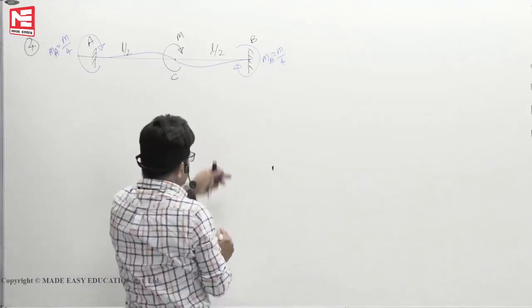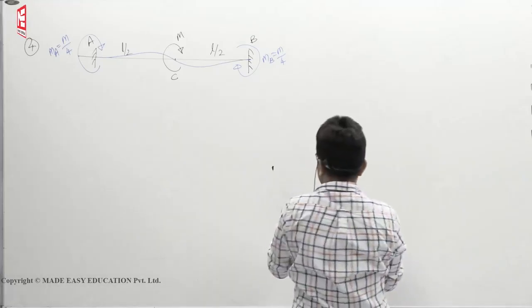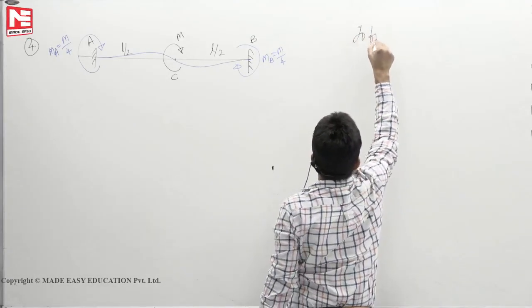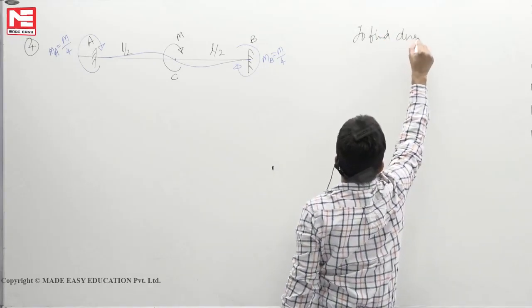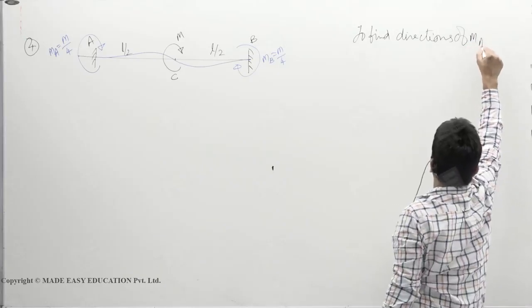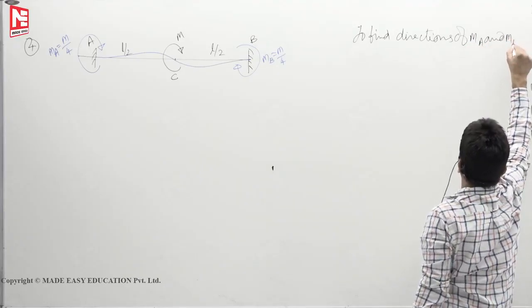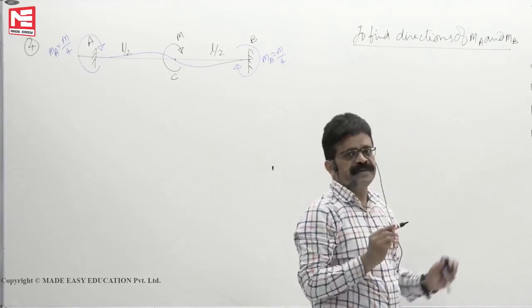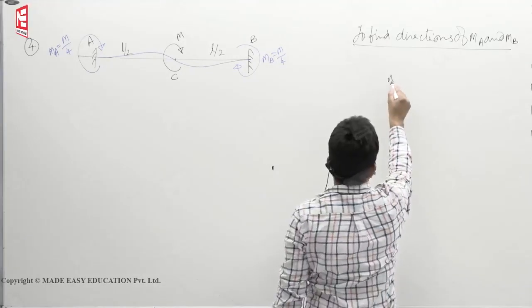Now, to find the directions of MA and MB, first permit the slopes to happen. That means like this.